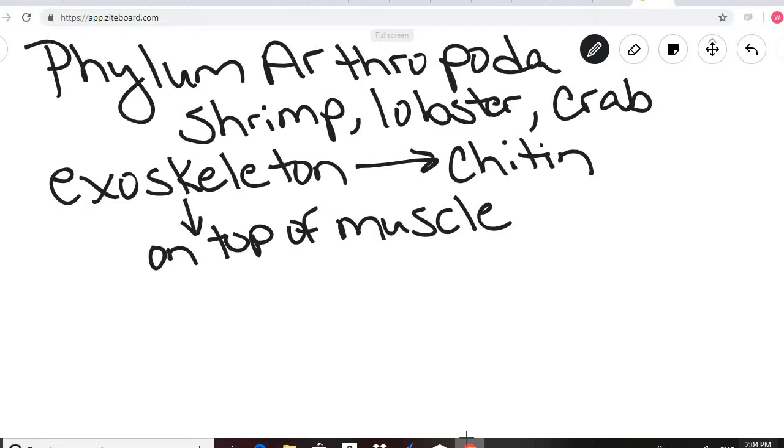So what they do is they take in water to expand themselves, and while they have that water in them, the new exoskeleton will grow. And then once the new exoskeleton has been formed, the water leaves.